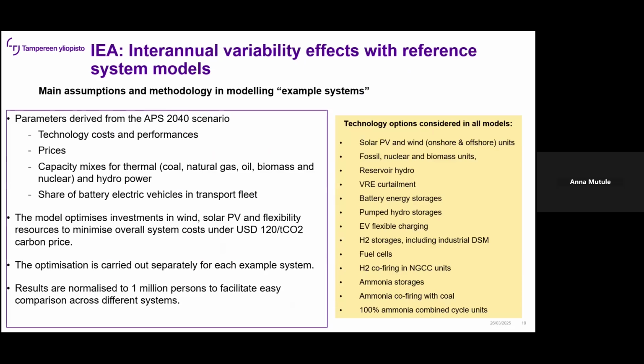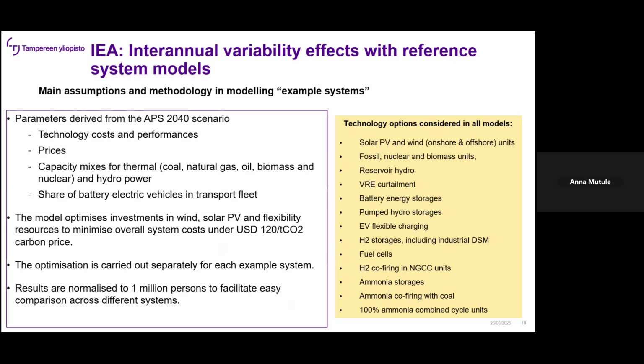To ensure consistency across the different climate zones, all example systems were modeled using the same core assumptions. This includes uniform values for technology costs and performance, fuel and carbon prices, and capacity factors for thermal and hydropower plants.